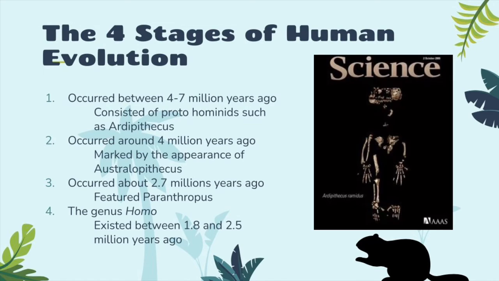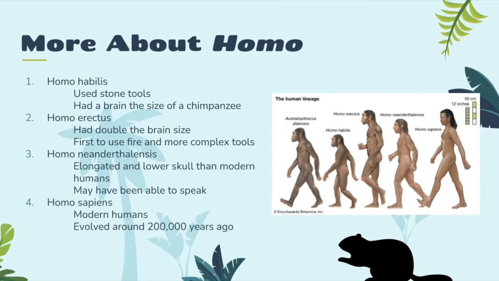They were similar to modern humans in that they were bipedal, but like apes, they had small brains. The third stage occurred around 2.7 million years ago and featured Paranthropus, which was very similar to Australopithecus. The last stage includes the genus Homo, and it existed between 1.8 to 2.5 million years ago. The Homo genus takes us into modern humans.